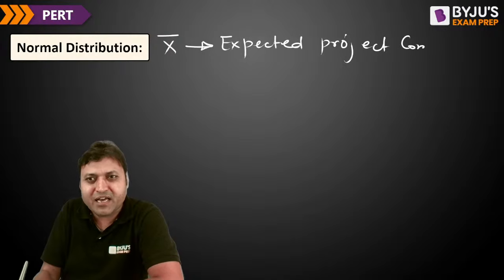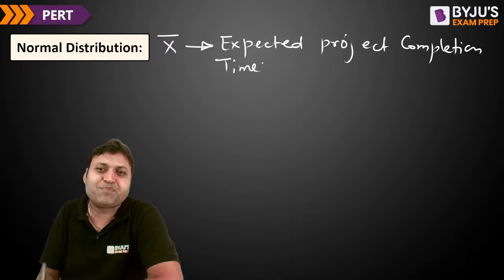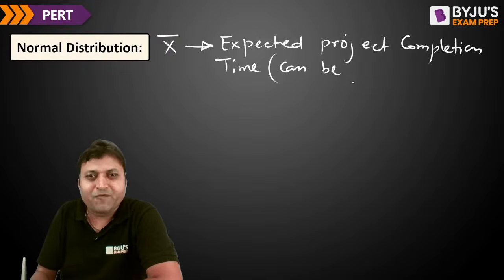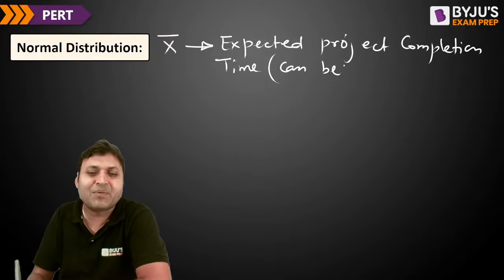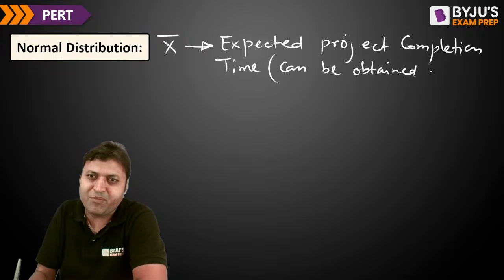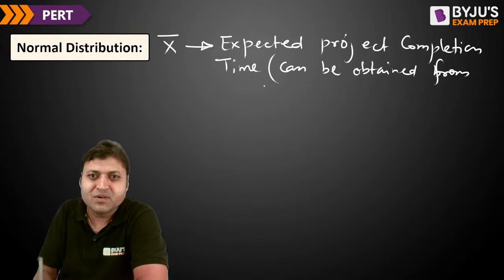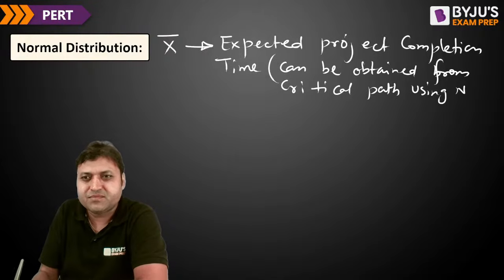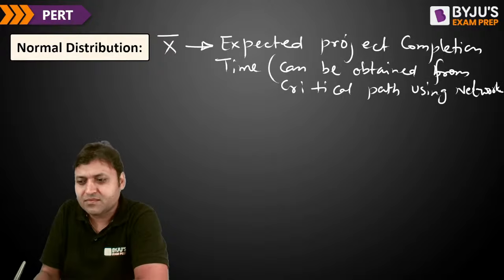X bar is the expected project completion time, which can be obtained from the critical path using the network diagram.